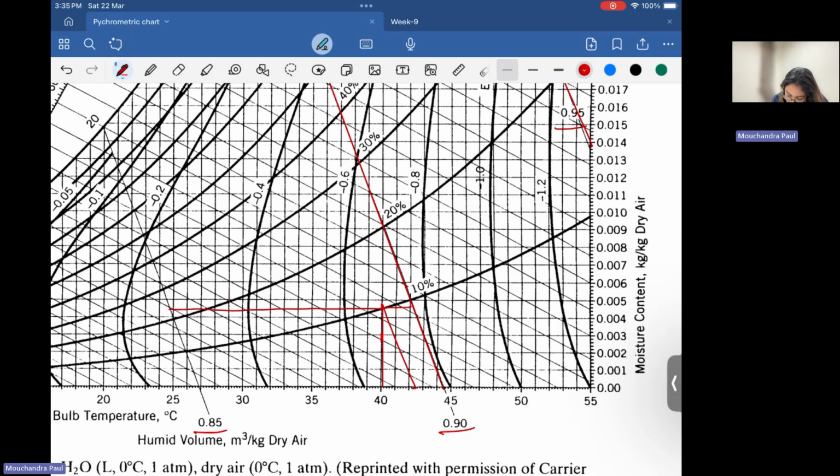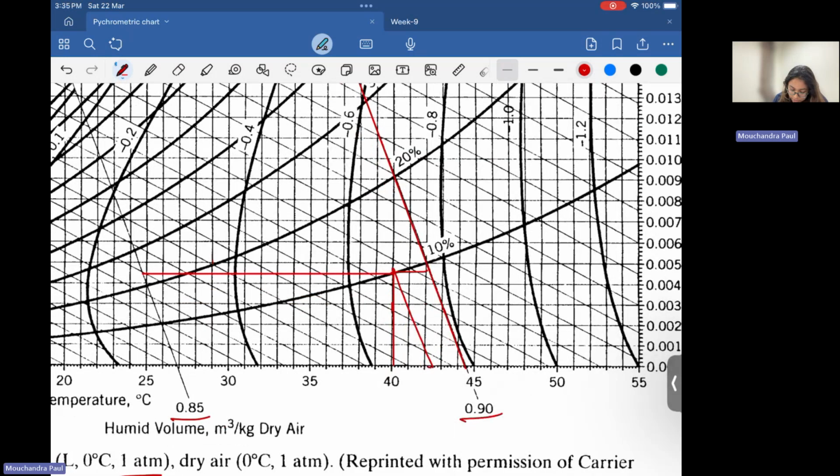So we have to do a linear interpolation here. It is between 0.85 and 0.9. I first determine the difference between the 2 points, which is 0.05. And how many markings are there in between these 2 points?